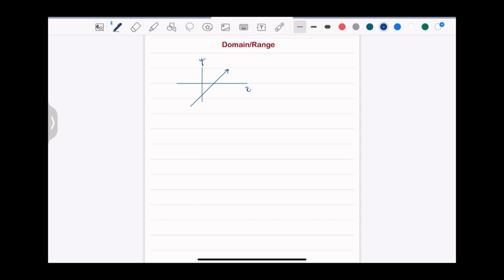So how much stretch it is on the x-axis represents the domain of that function, and how much stretch it is on vertical is called the range. So the minimum and maximum value of y are the range, and the minimum and maximum value of x are the domain of any given function. Now we will see more questions related to domain and range, but before that, we need to know a few things.